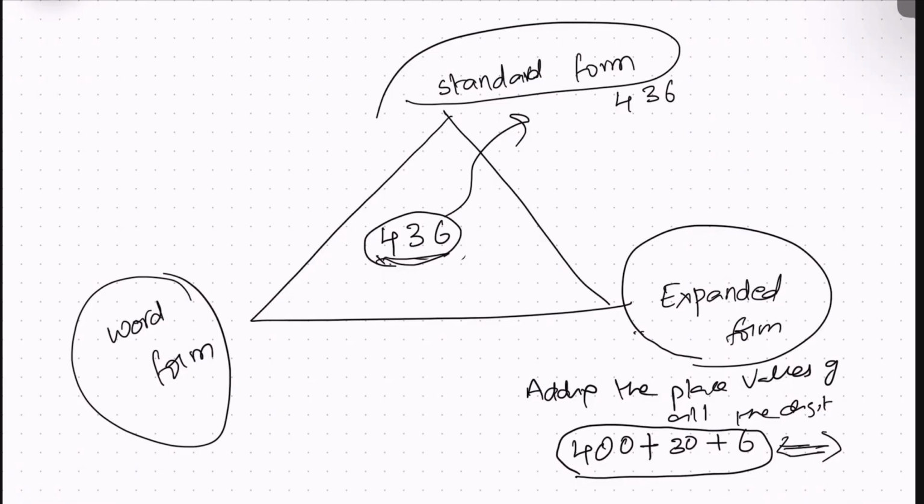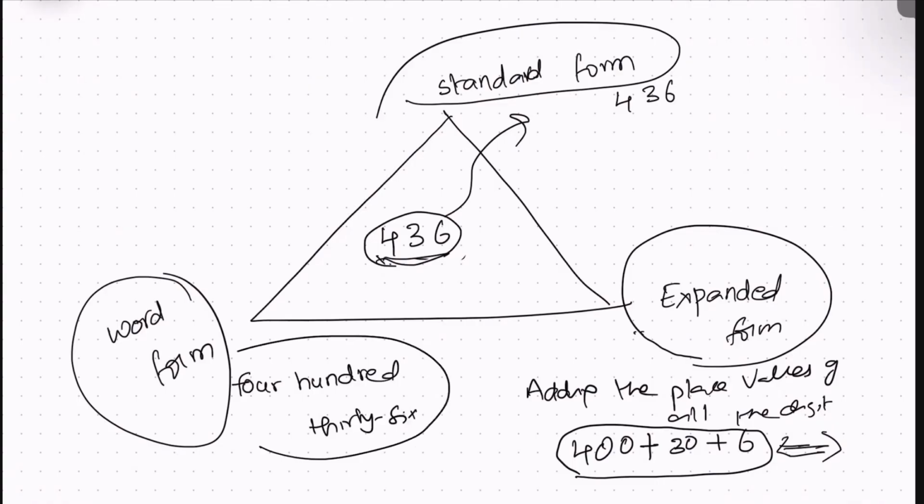However you read that number, you have to write that number in real English words. For example, I read that number as four hundred thirty-six. This is the way you write that number in the word form.